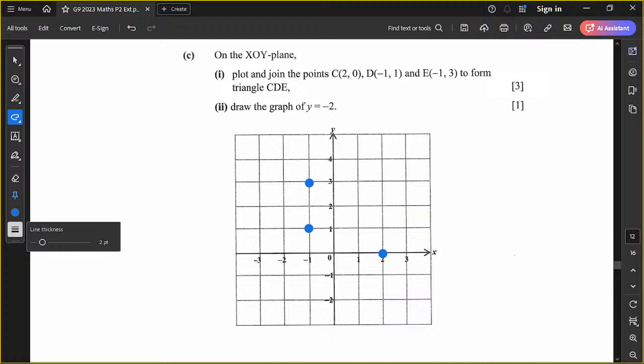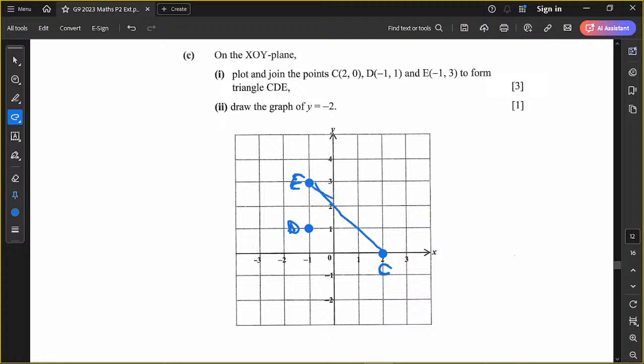Now what do I do? I just join these. We said (2, 0) is C, so this is the point C. Then (-1, 1) is D, this is the point D. Then (-1, 3) is E, so this is the point E. Now it's just a matter of connecting the dots, so we can draw a line that comes here.